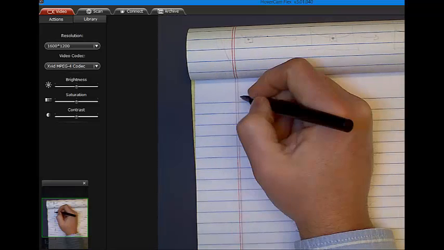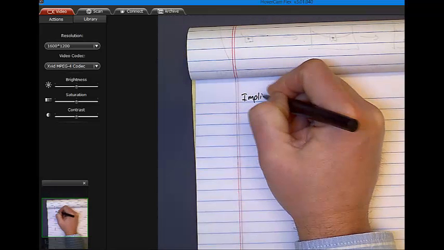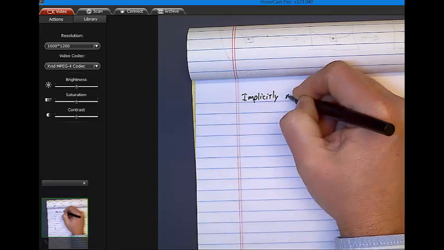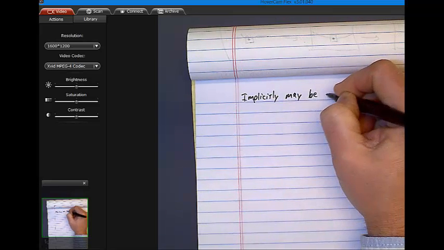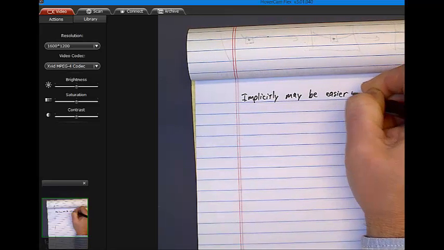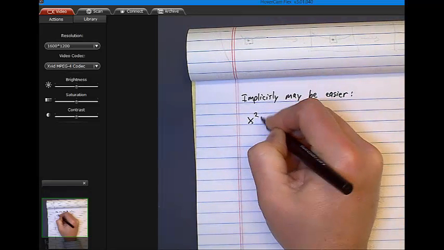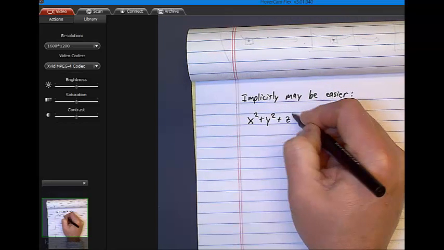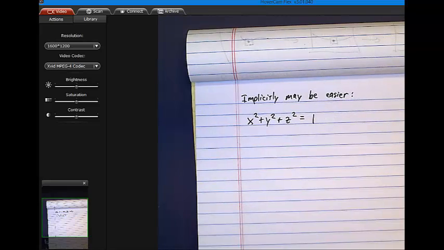But maybe the easier way to do this is implicitly. Implicitly may be easier. So again, we had x squared plus y squared plus z squared equal to 1. That was the equation we have.